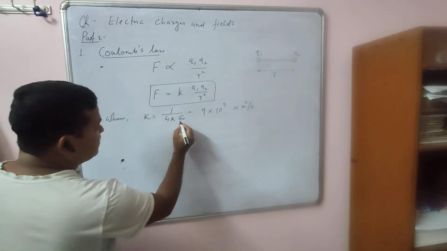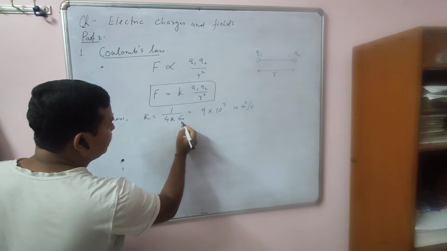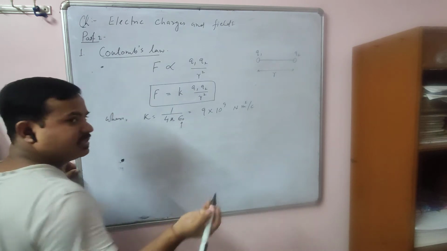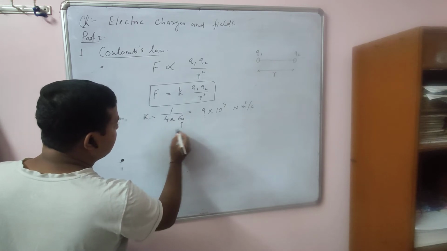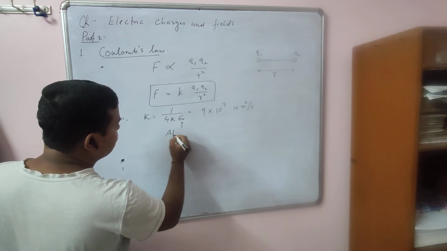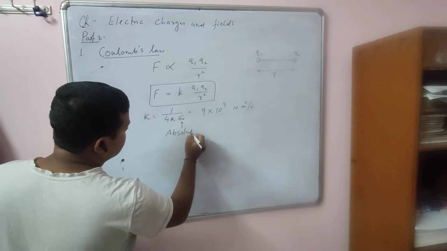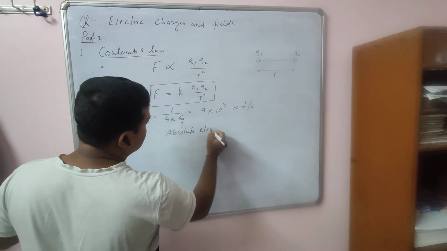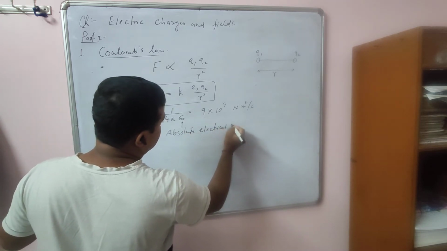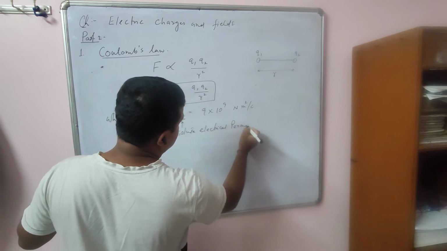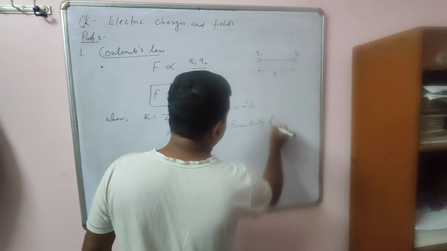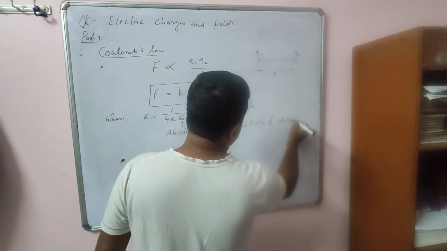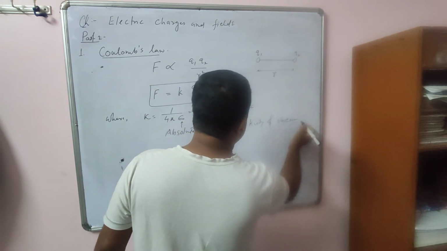This is epsilon 0, or epsilon naught, called electrical permittivity, the absolute electrical permittivity of vacuum.